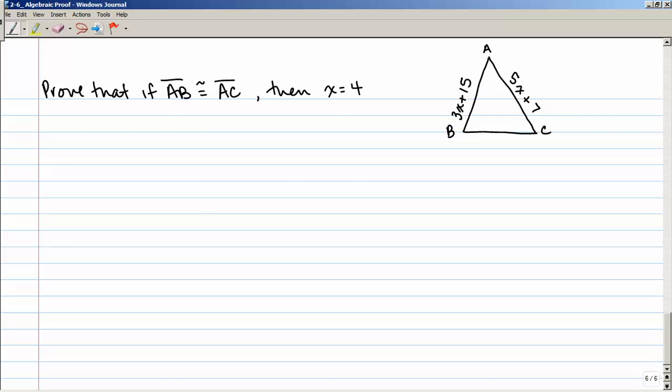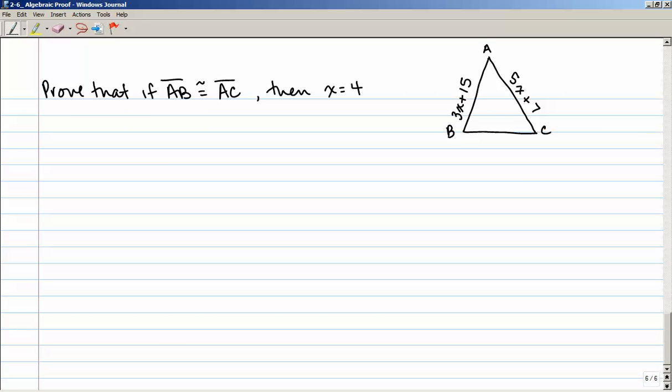Let's try another proof. This one is still basically an algebraic proof, but it throws in a little bit of geometry. It says, prove that if segment AB is congruent to segment AC, then x equals 4. In this case, we're given a diagram as well, and we know that the length of AB is 3x plus 15, and the length of AC is 5x plus 7.